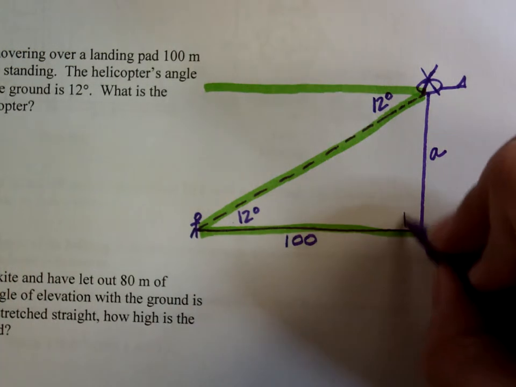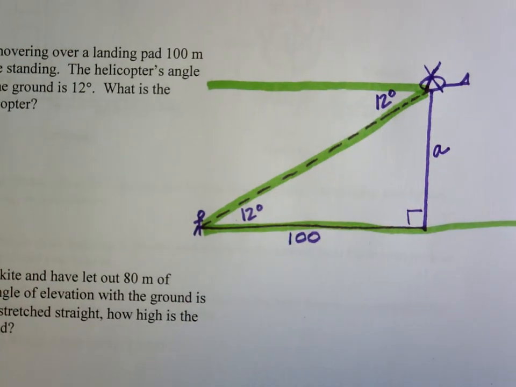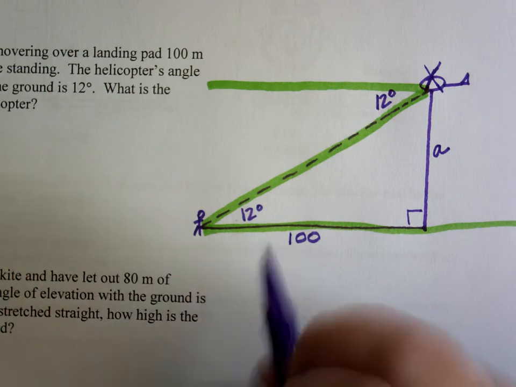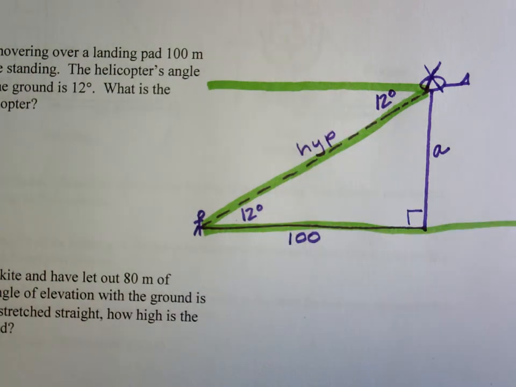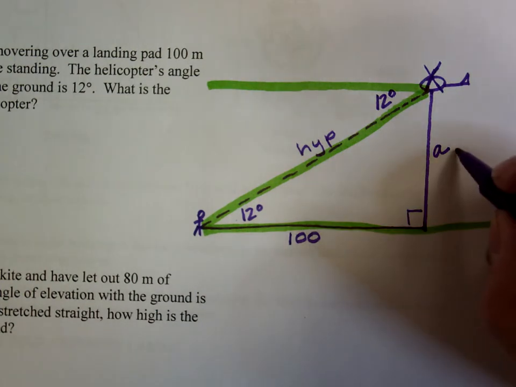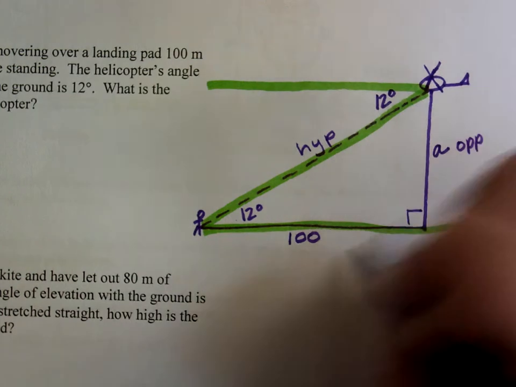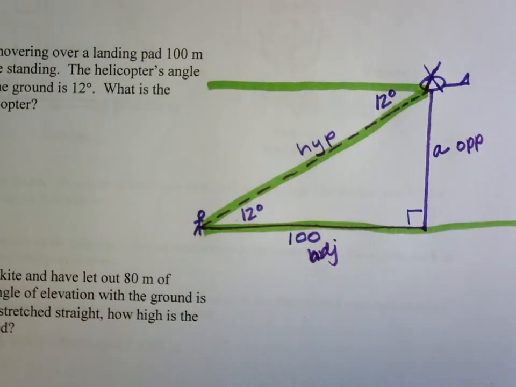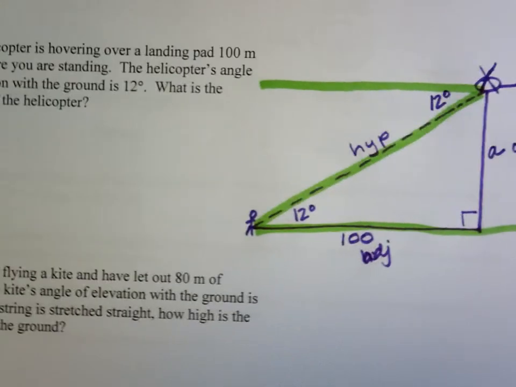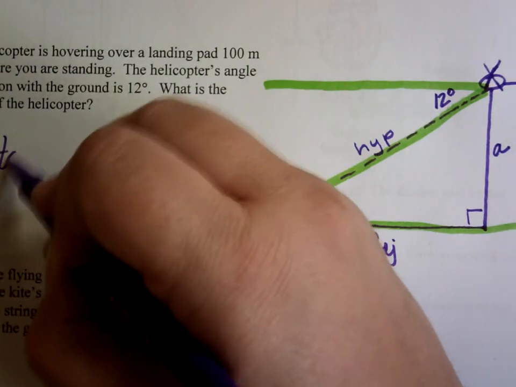So this is what we're looking at. That's my picture. For this angle 12, the line of sight is always my hypotenuse. The diagonal is always the hypotenuse in these problems. This is my opposite, this is my adjacent, and I'm going to use tangent because I'm doing opposite and adjacent.